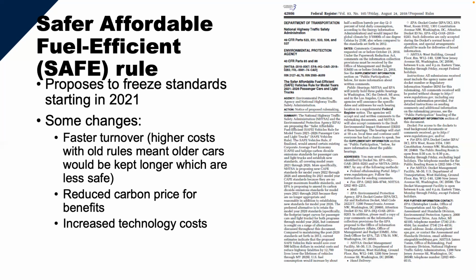That would mean people would keep their cars longer, which would be less safe because the prices of cars would be going up. They reduced the carbon price in calculations of the benefits, and they increased a lot of the technology costs. Yeah, and so this was a lot of the justification for this rulemaking.